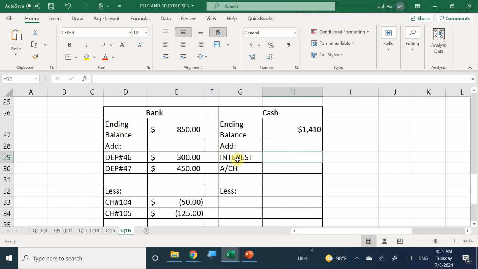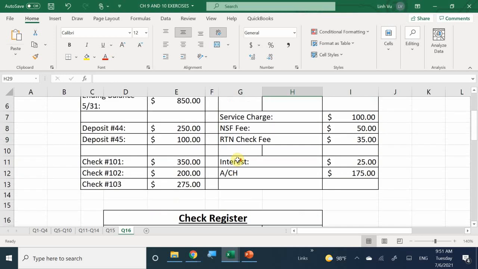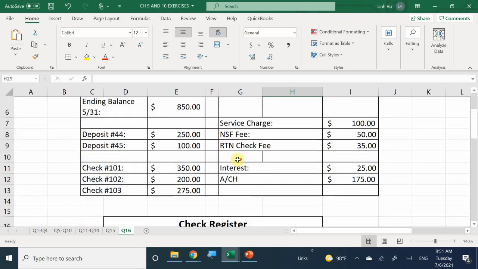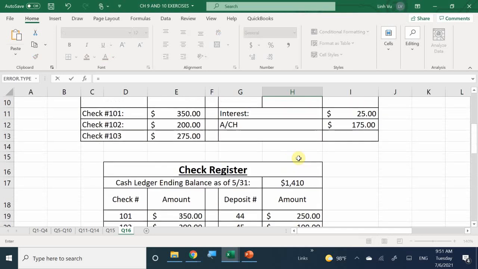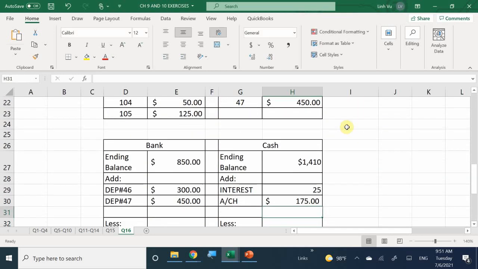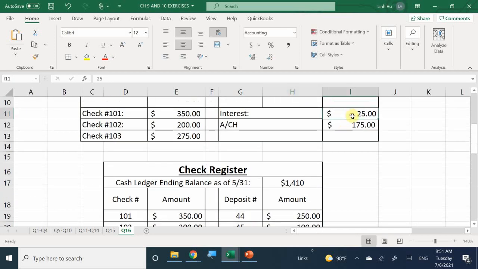So here I'm collecting $25 of interest, and I'm also collecting $175 worth of ACH.